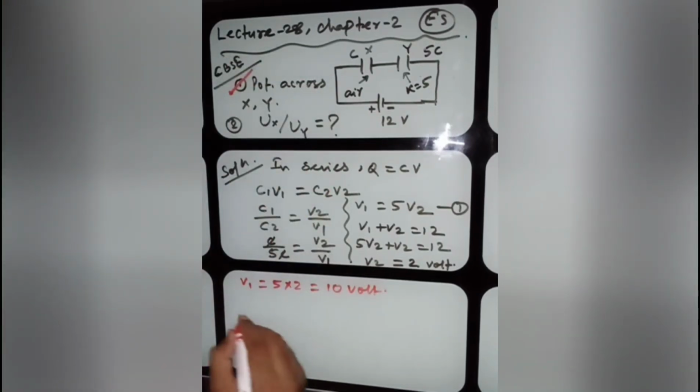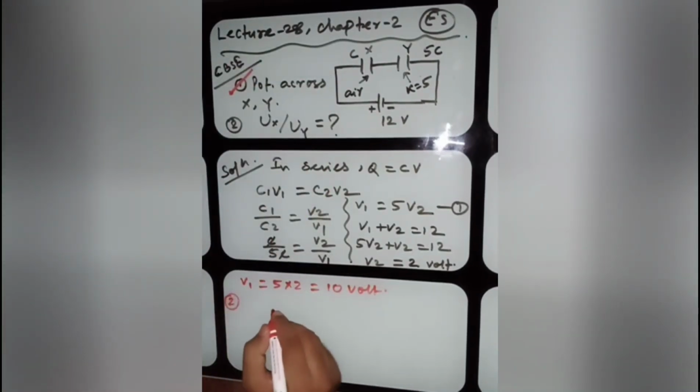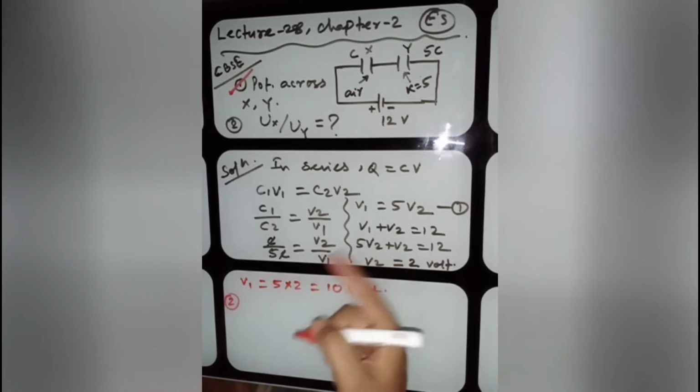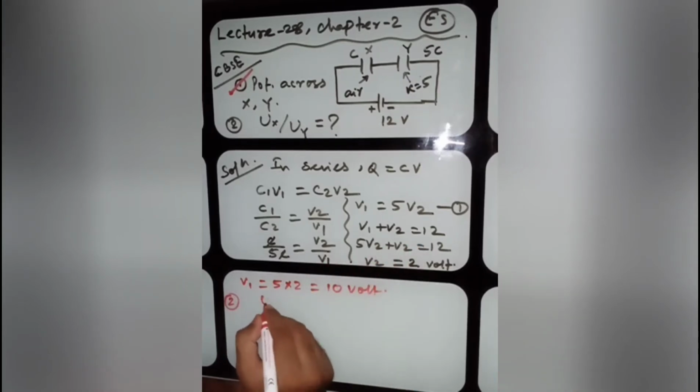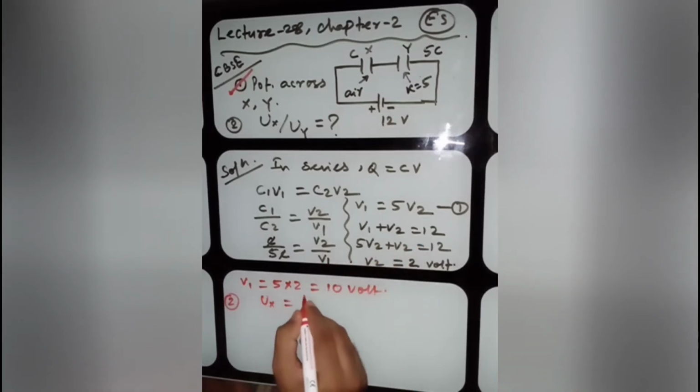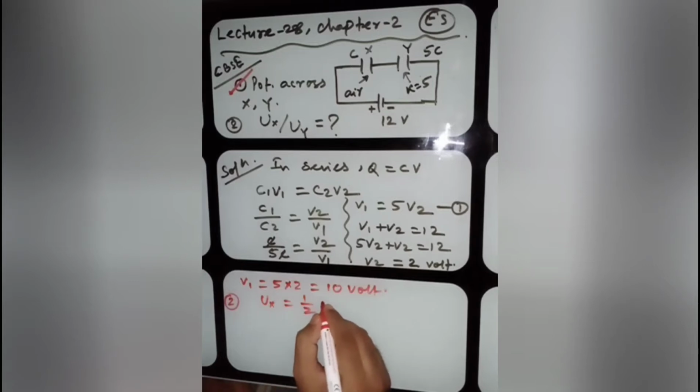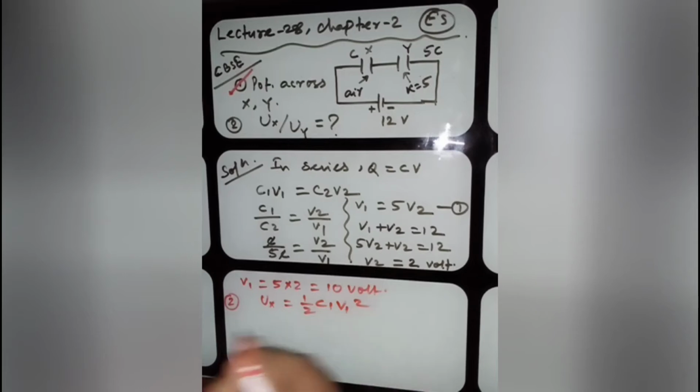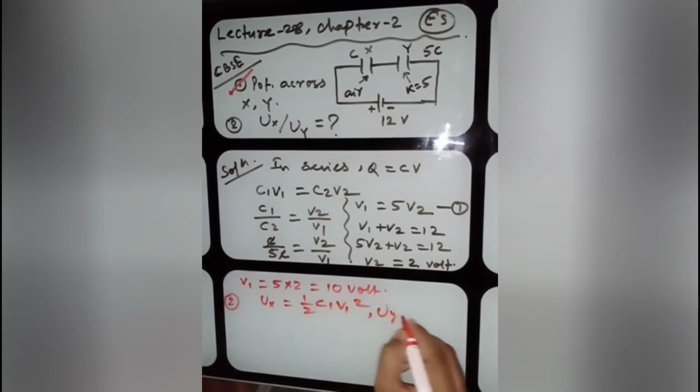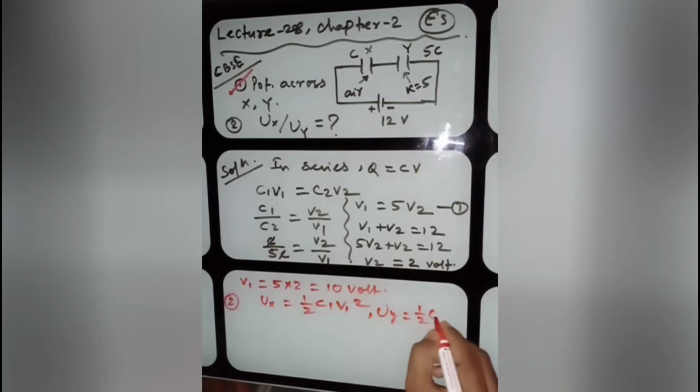Now the second one, to find the ratio of energy. Ux is half C1 V1 square, half CV square, we know that, and Uy is half C2 V2 square.